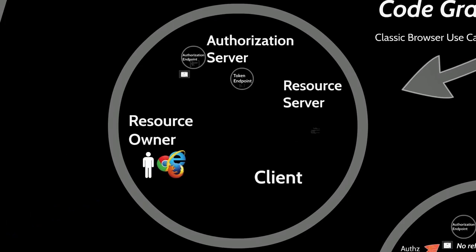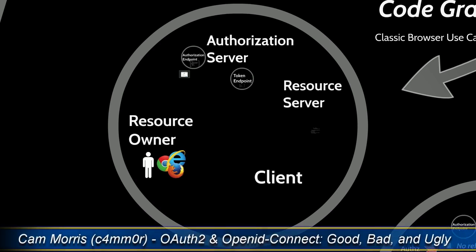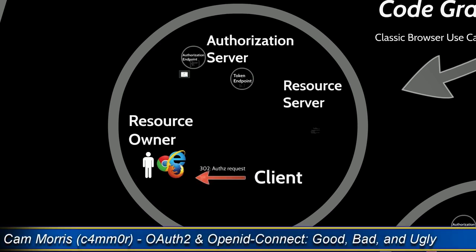So you got your browser. This is a classic browser use case. So you have your browser, you're going to the client. In our example, it was the printing shop. So the client wants to redirect your browser with the 302, wants to redirect you to the authorization server.